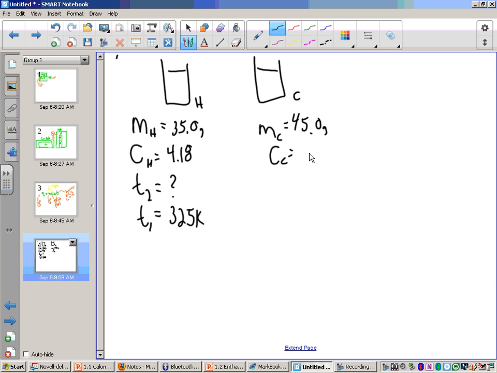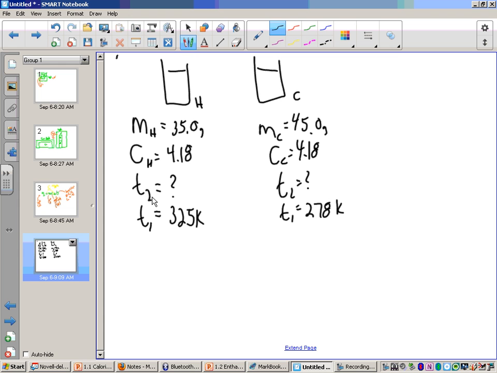So you might have two different C's. In this case, the C is the same because they're both water. 4.18. T2, unknown. T1, 278 Kelvin.